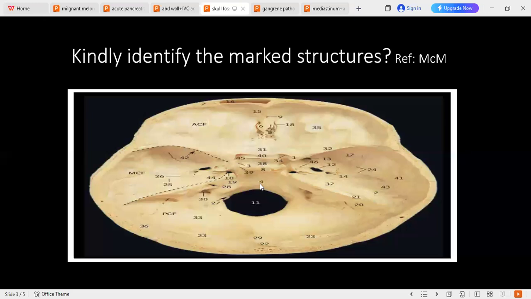Right. Okay, this is middle cranial fossa. So if you could identify number 12 here, please. It's foramen ovale. Yes, what passes through it?